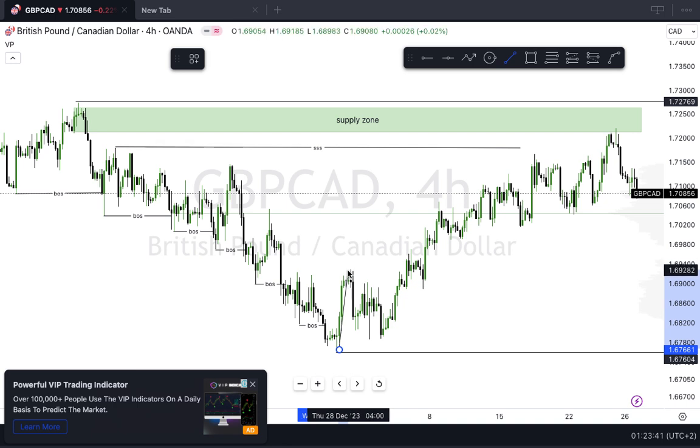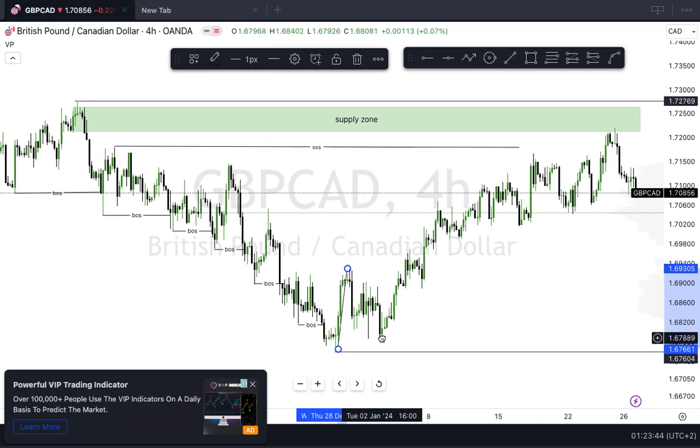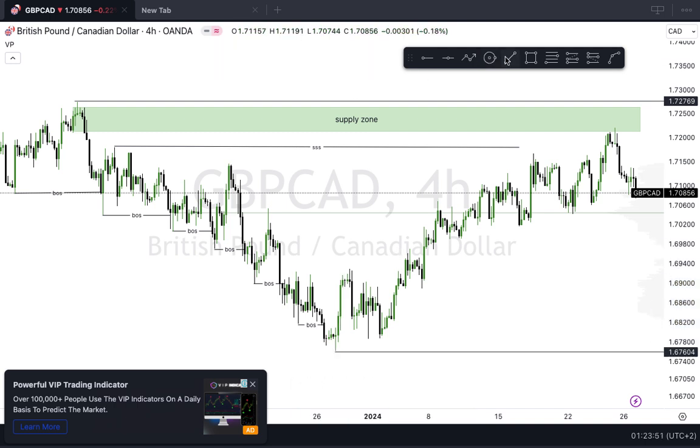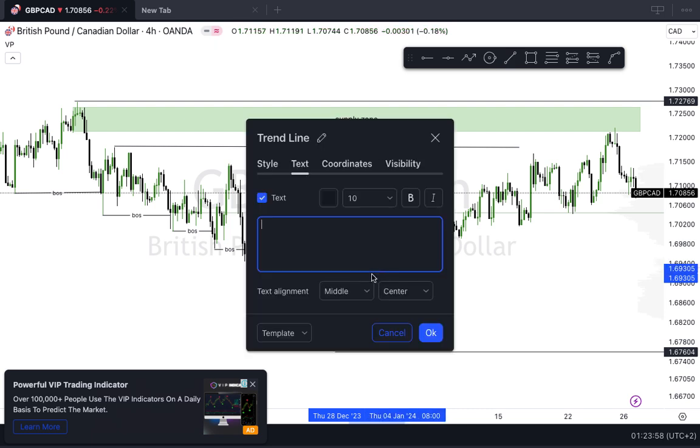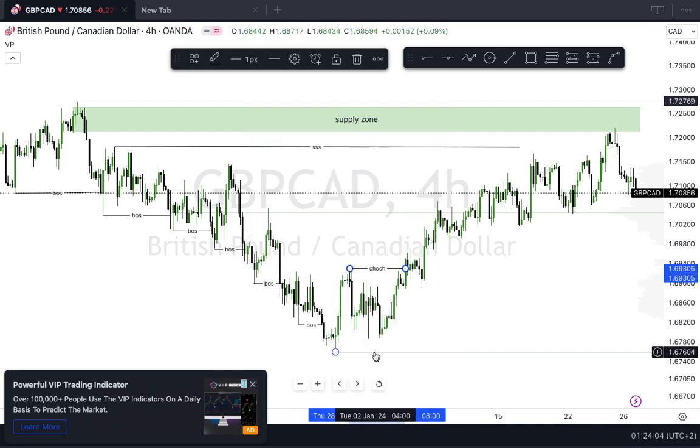It gave us this high, and then after that high, it continued pushing to the downside. Then it broke that high, meaning that's where we got our first change of character, you understand? Our first change of character.